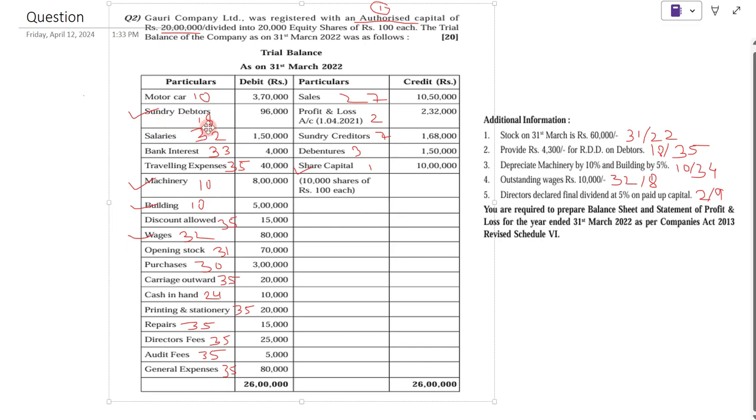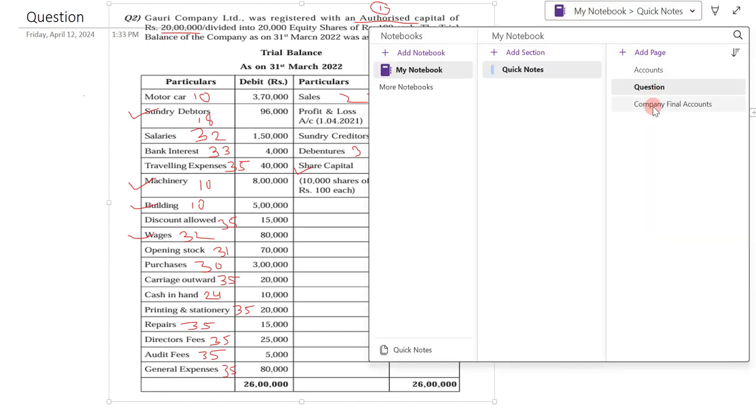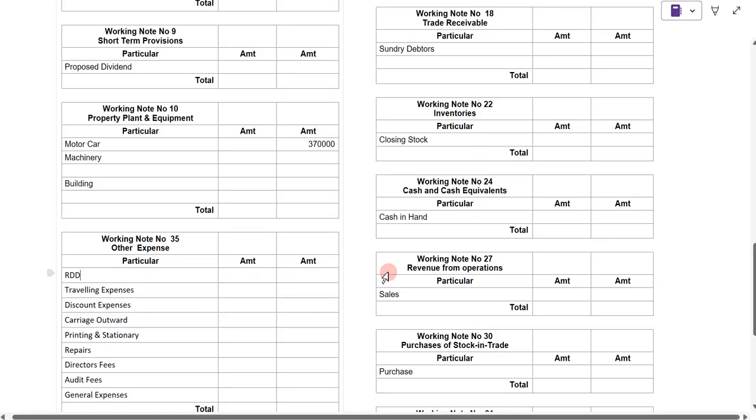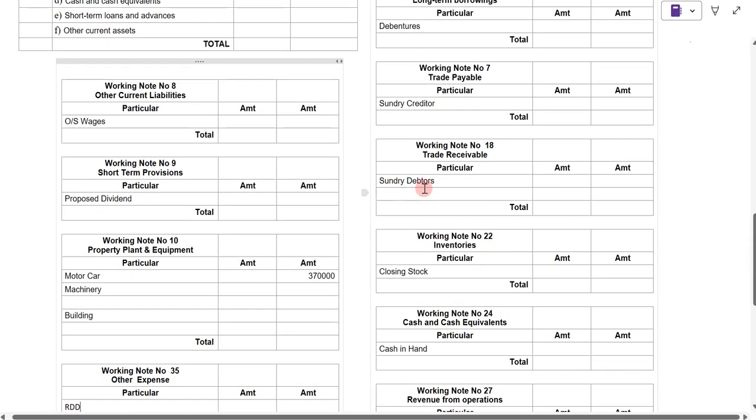Sundry debtors, where we have to pass this entry in note number 18. The value of sundry debtors is 96,000. Now on this sundry debtors we have RDD, 4,300. So note number 18, sundry debtors.